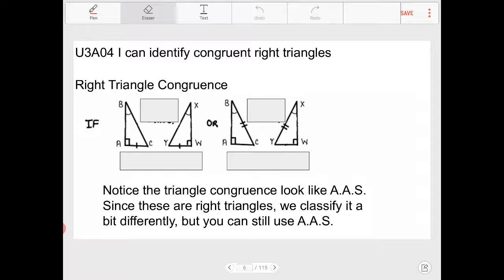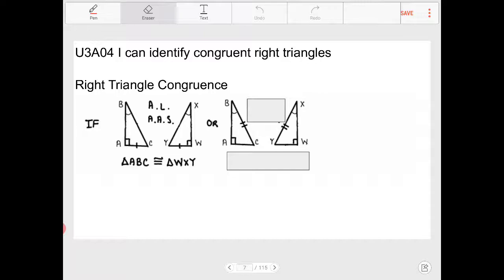All right. And then similarly, if you have, in a right triangle, another angle and a leg congruent, you can call this angle leg, or this is just basically angle side. Or you can have two angles congruent and the corresponding hypotenuse congruent.